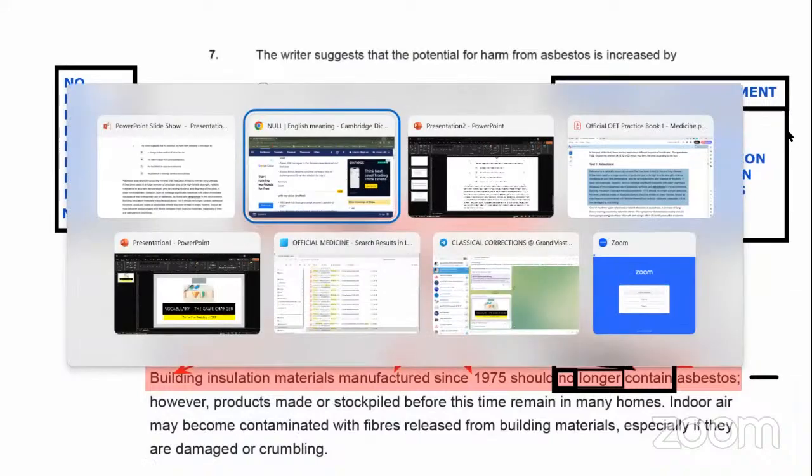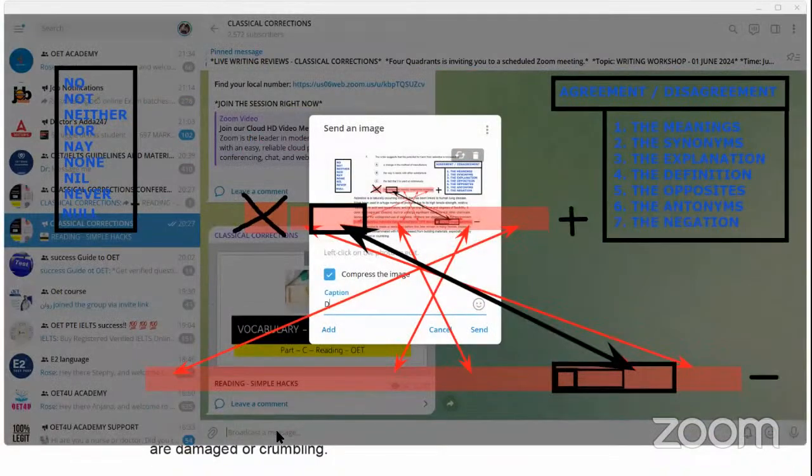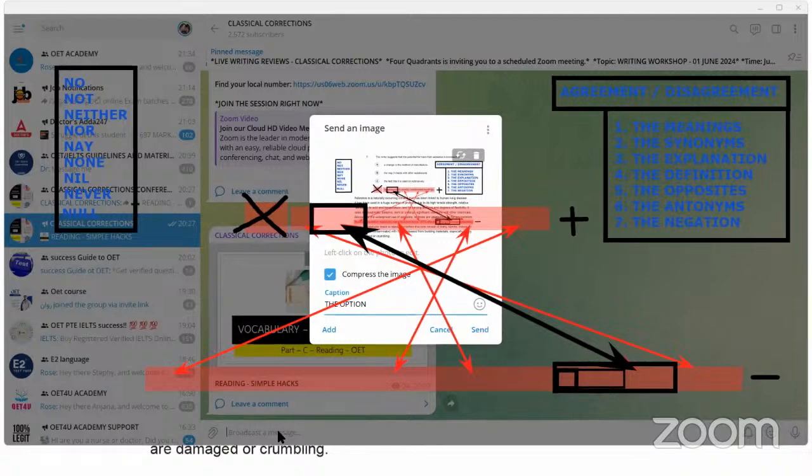Full screen. Option D is eliminated. Okay.